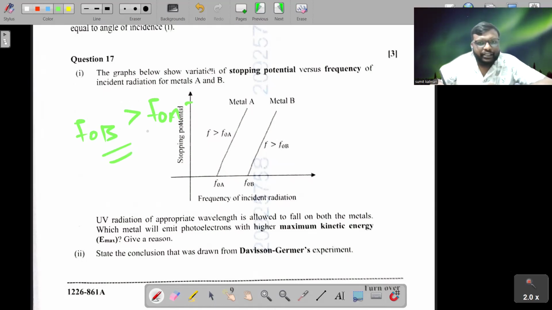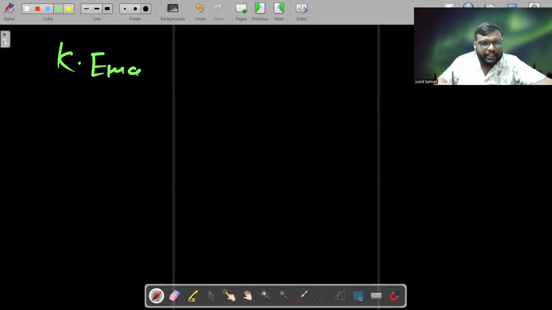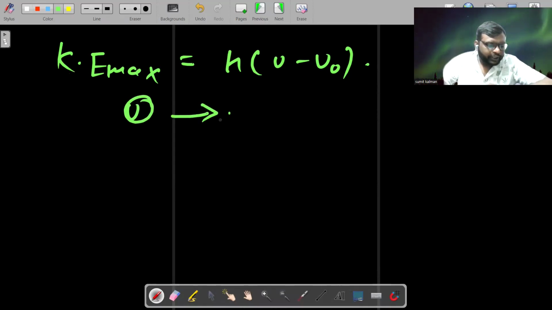And students, as we know, for the photoelectric effect, what is the formula for maximum kinetic energy? Kinetic energy max is equal to h(ν minus ν0). And students, there is the same UV radiation, so the same ν will fall on both metals.